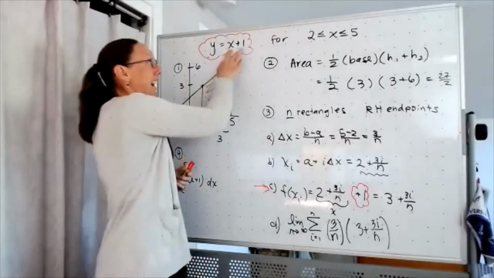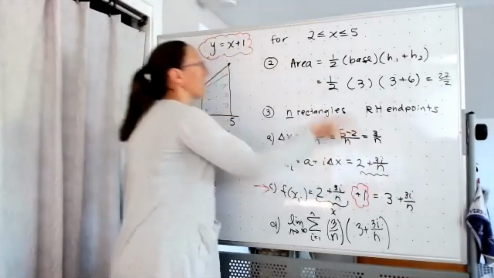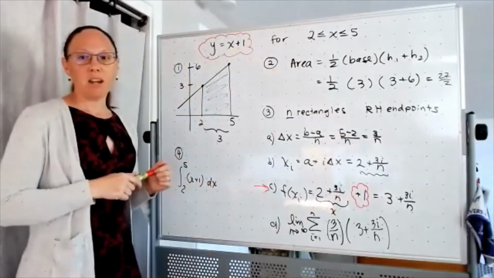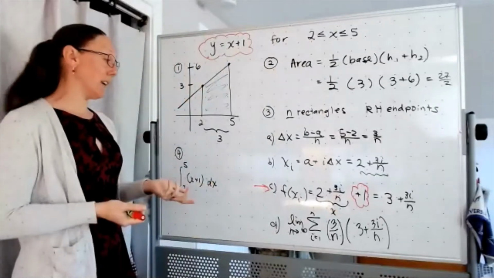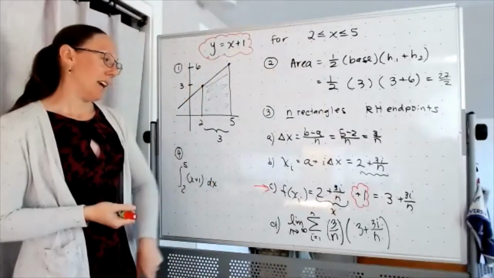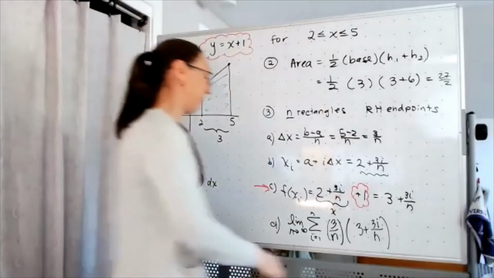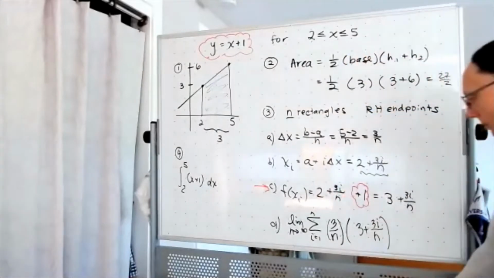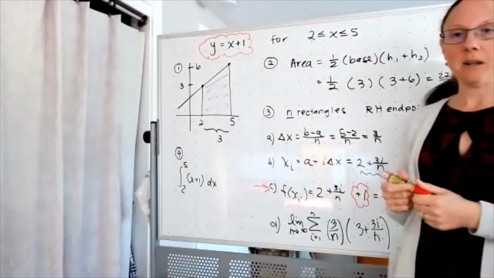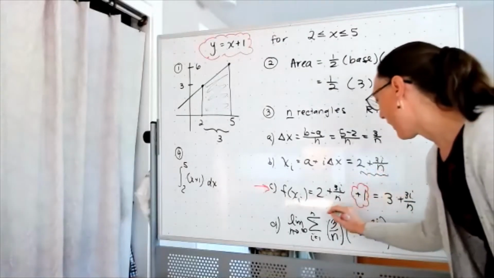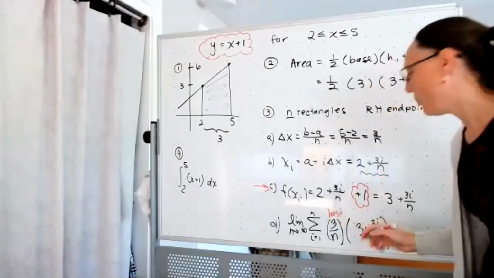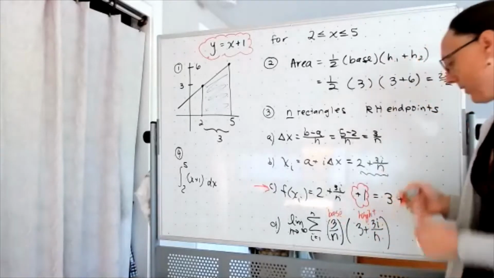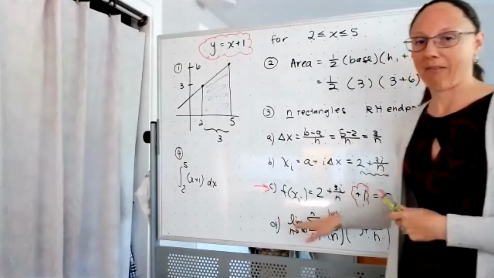So I'm going to take that x that we just found, plug it into the function, and that's where that plus 1 came from. And then for part D, I'm going to erase that because I think maybe visually it's getting cluttered. But for part D, we're just plugging in the base, which is delta x, and the height, which is our f of x sub i.